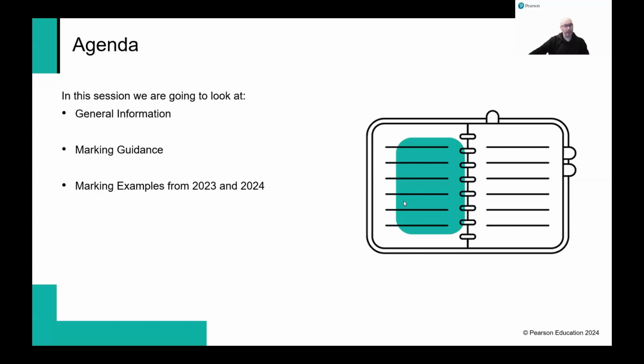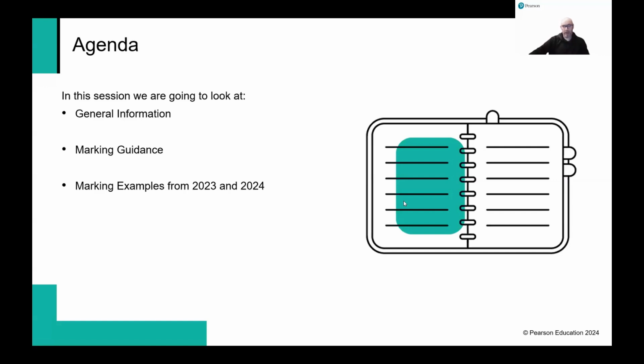And then once we've done that, we'll look at some example questions from 2023 and 2024 with some student responses and see where they gained and lost marks and why, from the comments from examiners. So hopefully this afternoon will clear some things up for you.